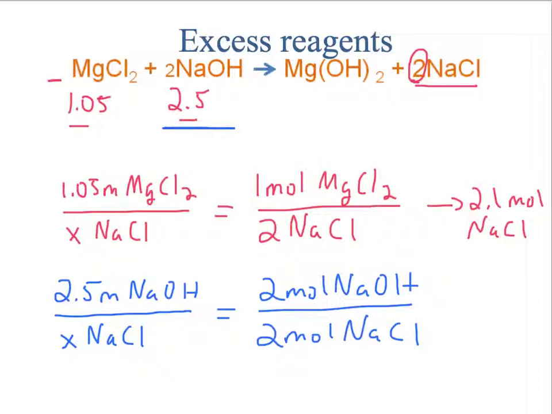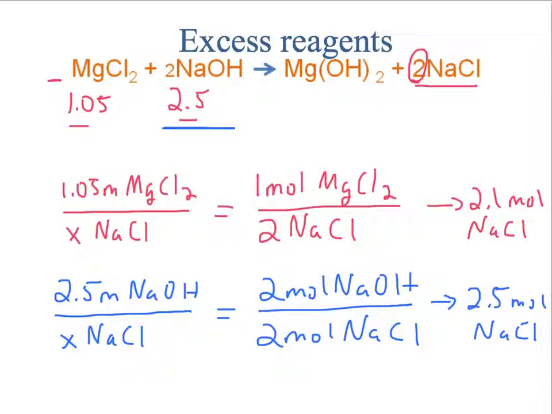Now these are both 2, so it's really a 1-to-1 molar ratio. So that will give me 2.5 moles of NaCl produced from 2.5 moles of sodium hydroxide.